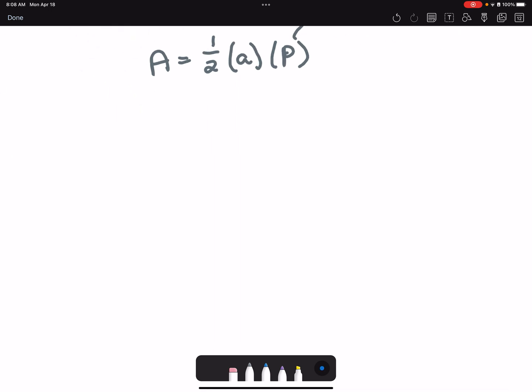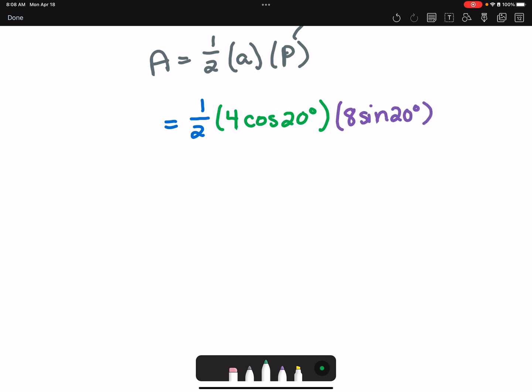So I'm going to have 1/2 times the apothem, which we said was 4 cosine of 20 degrees, times my side length, which we said was 8 sine of 20 degrees, times the number of sides that I have.